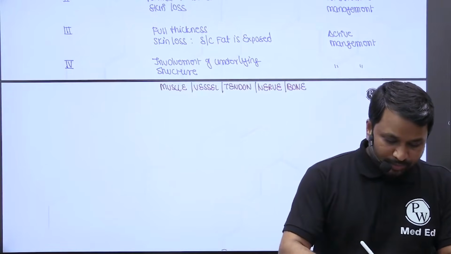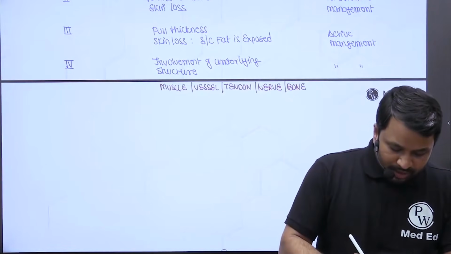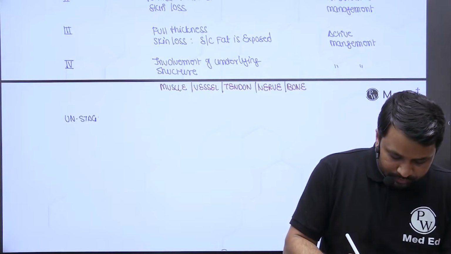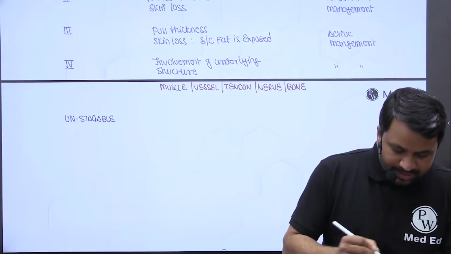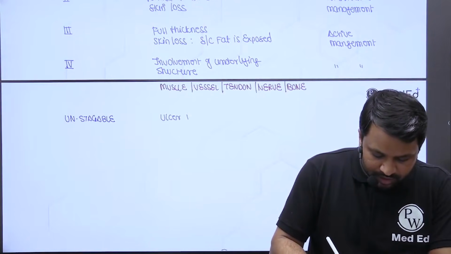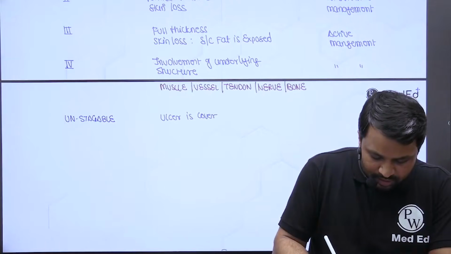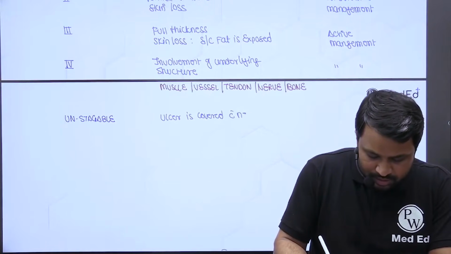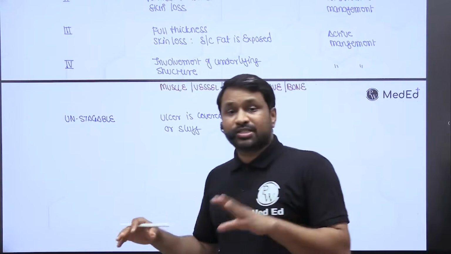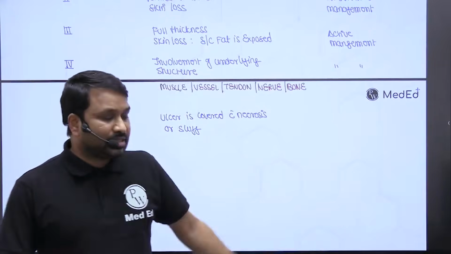Latest addition to the pressure ulcer classification is what we call unstageable. Now what is this unstageable? If the ulcer is covered with necrosis or slough, presence of necrosis or slough over an ulcer will directly make it unstageable.